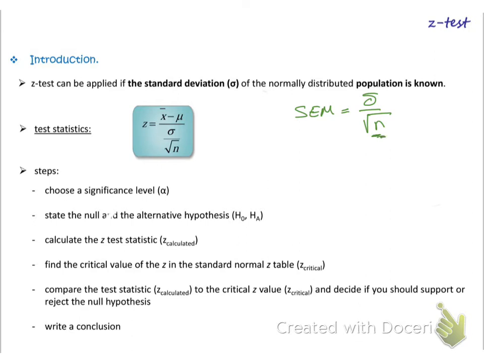But here there are some conditions: n must be a big value, like more than 30. It should not be a small one. And this sigma will be the sigma of the population which we have, and if we don't have it, we can use S for the sample as well. If n is big, we can replace it with S. But for the time being, let us focus on the sigma as it is.